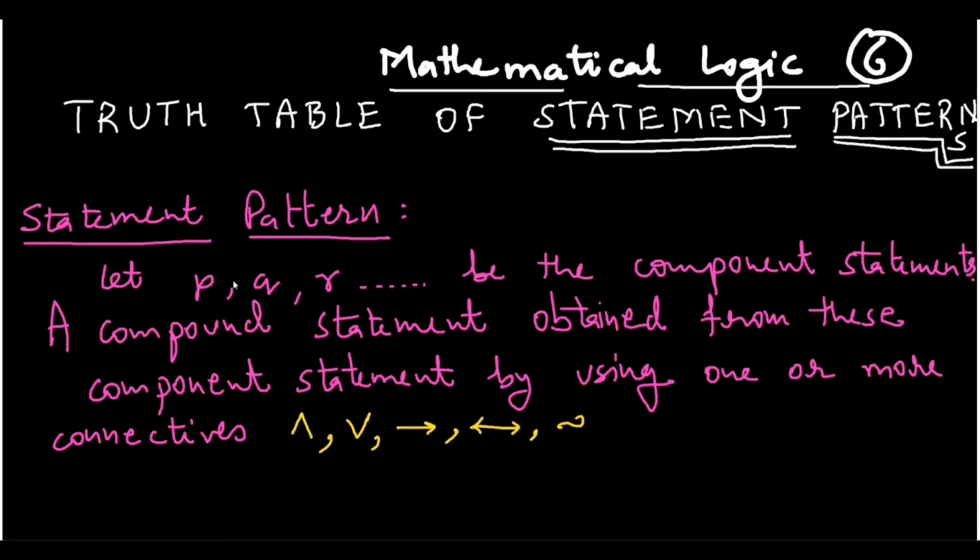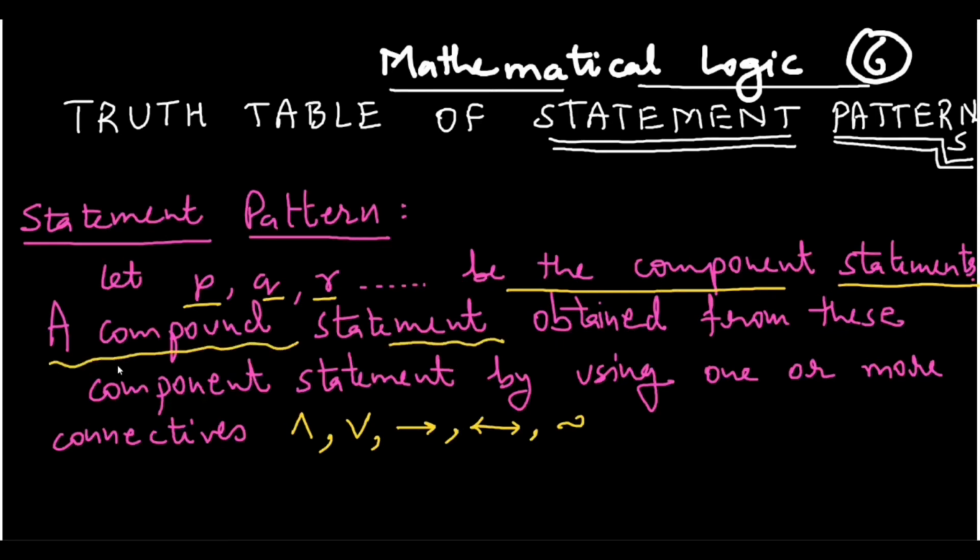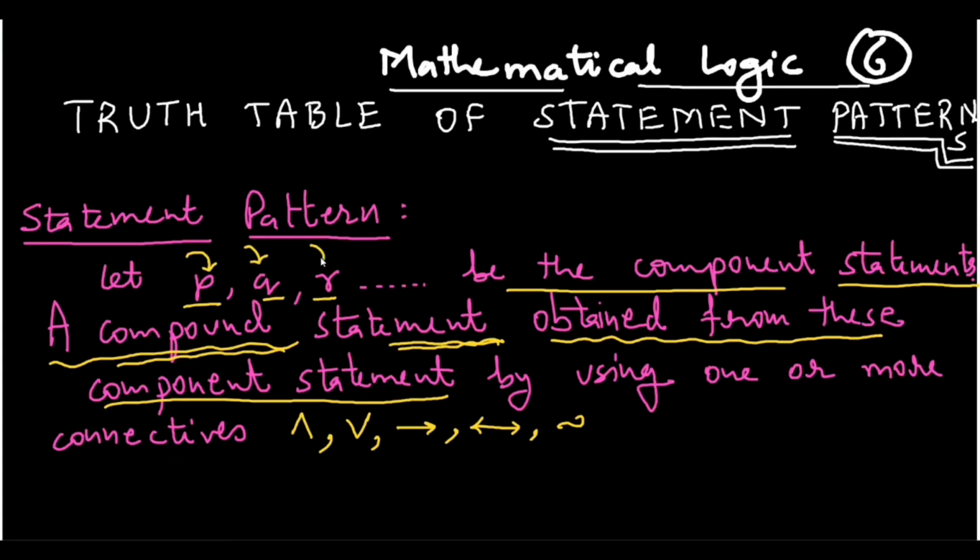Let P, Q, R be the component statements. Now what you are doing is you are getting a compound statement, obtained from these component statements and one or more of these connectives.